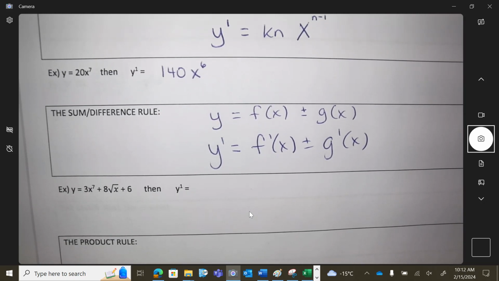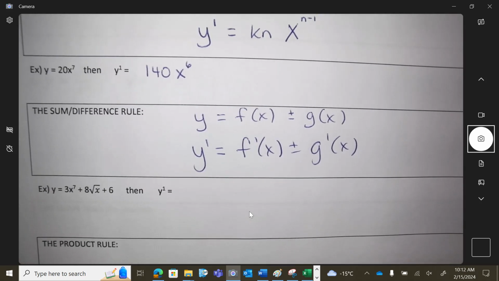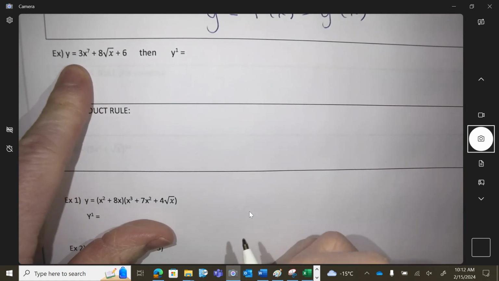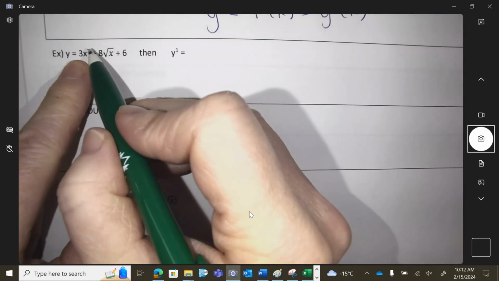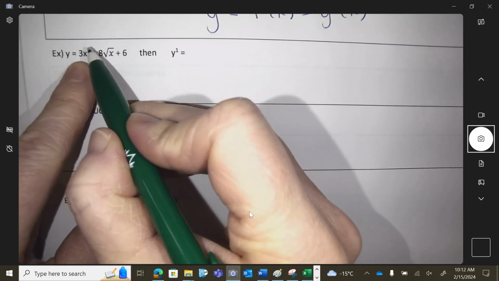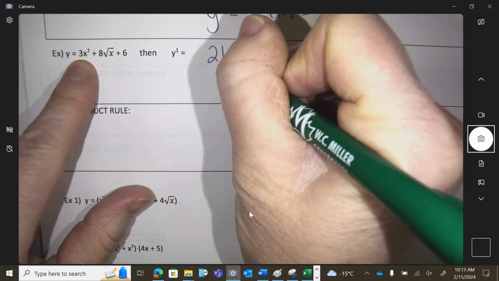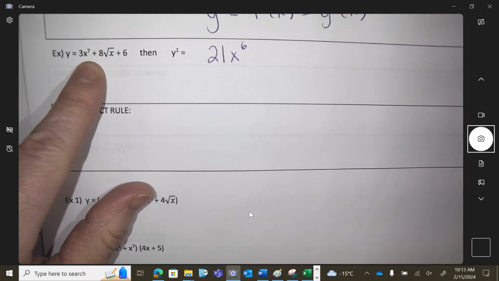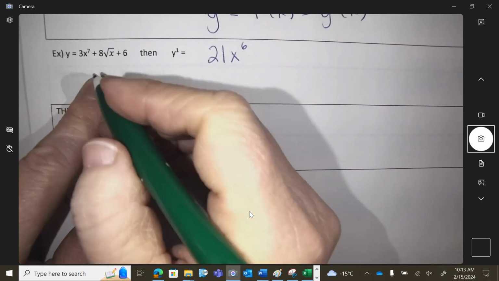That looks way more complicated than it needs to be. We just figure out the derivatives. So what's an example? So here we go. The derivative of this is 21 x to a 1 lower, 6.